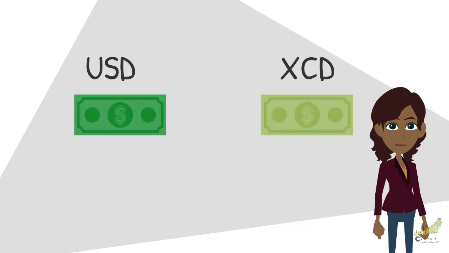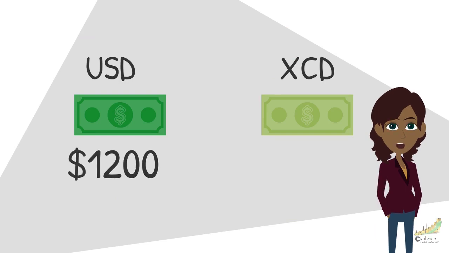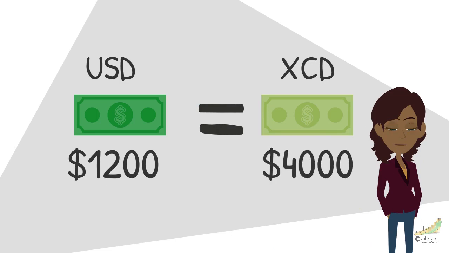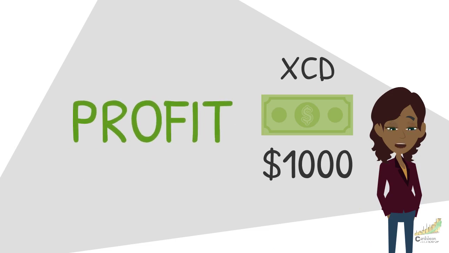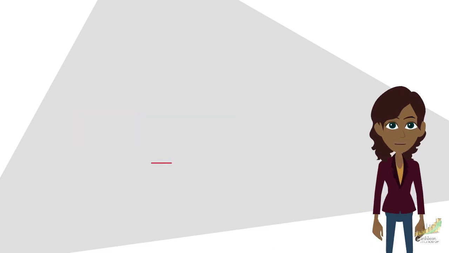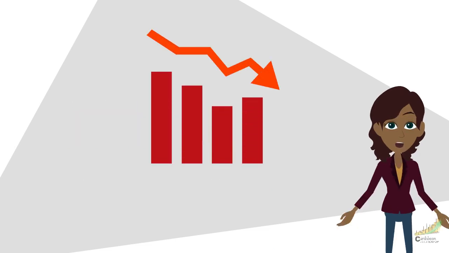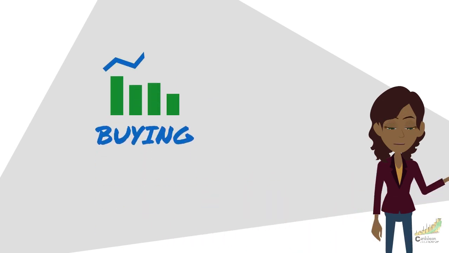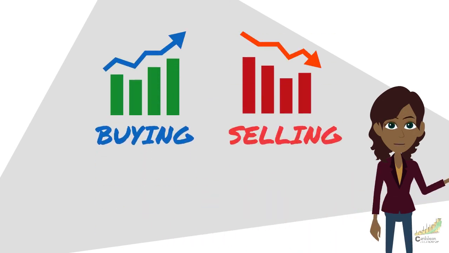So that means when you go to the bank or cambio to exchange your 1,200 United States dollars, you'd be getting back 4,000 Eastern Caribbean dollars. That's 1,000 Eastern Caribbean dollars profit. This exchange is the transaction of selling. This is essentially Forex trading.